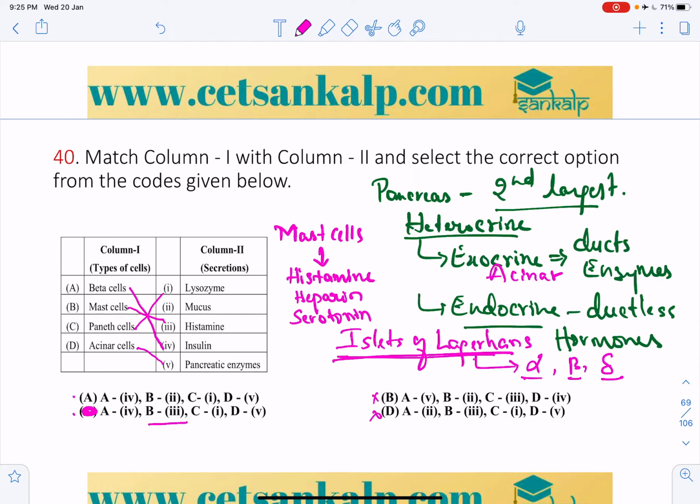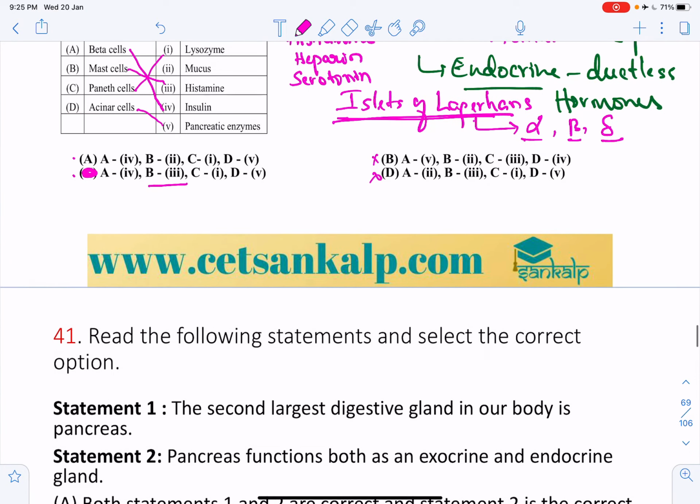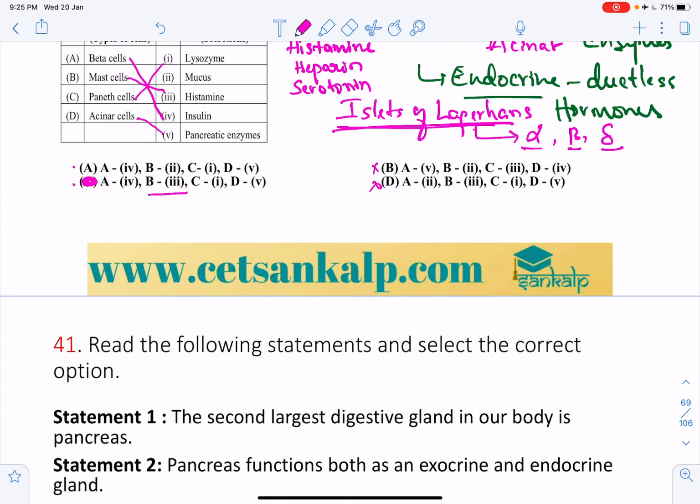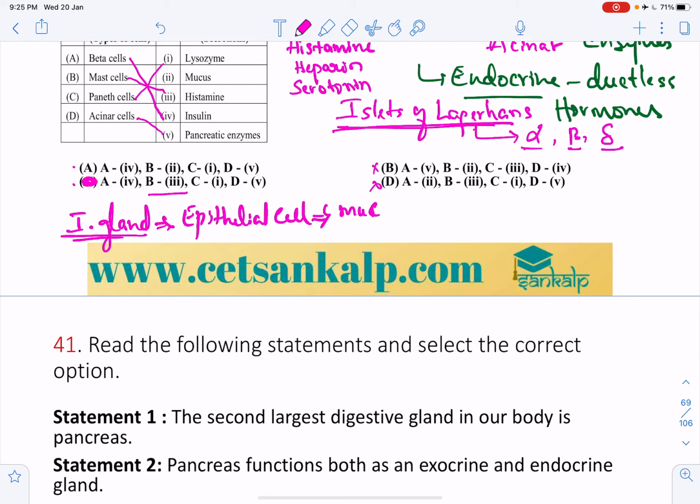Also there are cells like argentaffin cells. Let me mention these two cells along with that in the intestinal glands. As we already mentioned, epithelial cells present in the intestinal glands produce mucus.